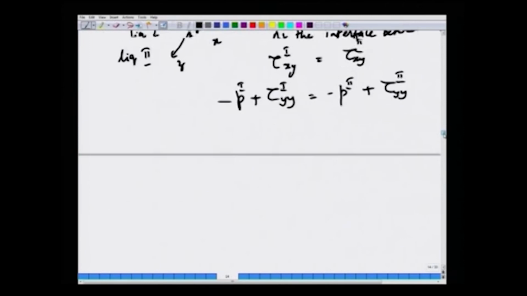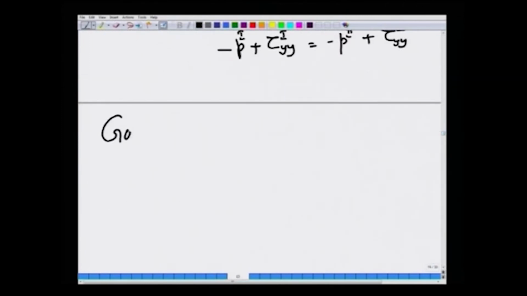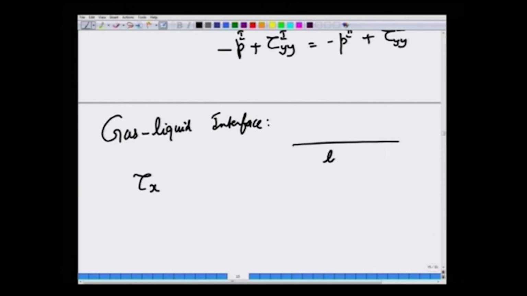But in the specific case of a gas liquid interface, since the viscosity of the gas is very small, you can often approximate that the shear stress exerted by the gas on the liquid is 0. So, what is often found is that if, let us say, you have a liquid and a gas, then the shear stress at the interface, the shear stress exerted by the gas on the liquid is negligible.